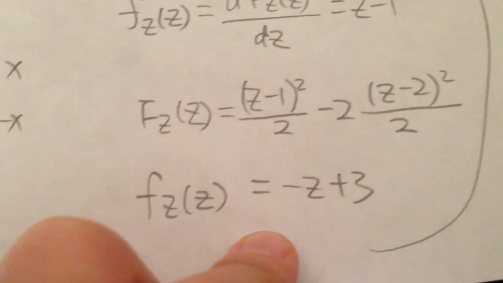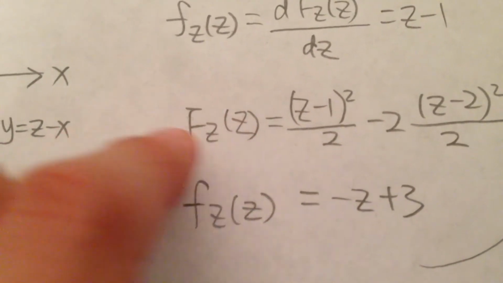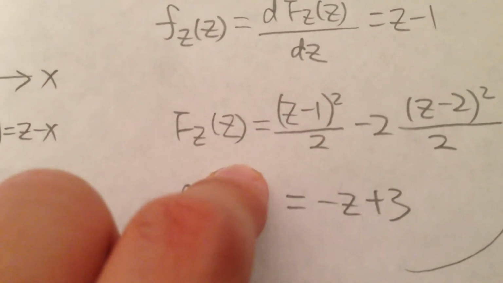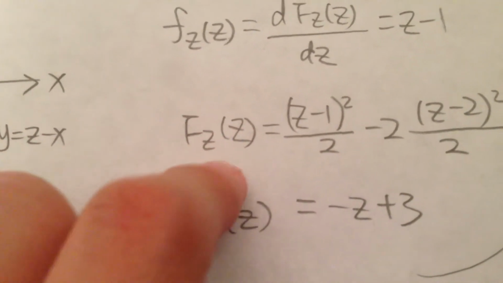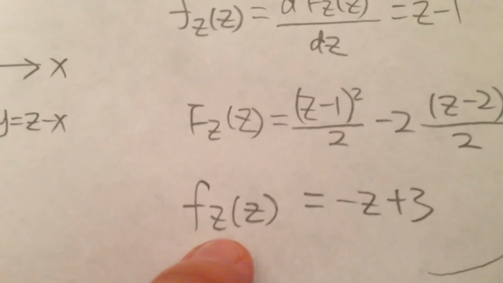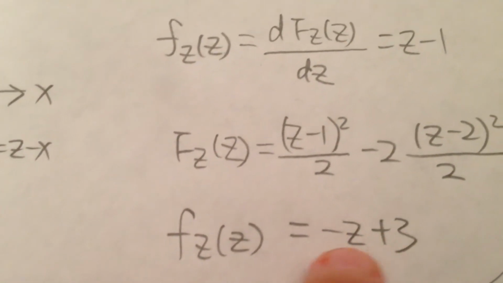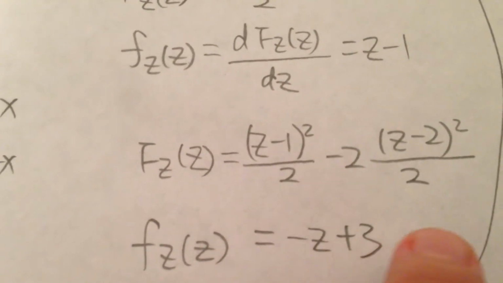And also, we take the derivative of the distribution function of z. In this part, we can get the density function of z equals minus z plus 3.